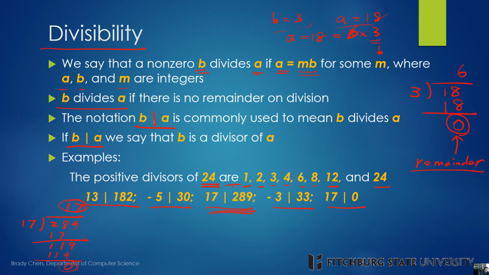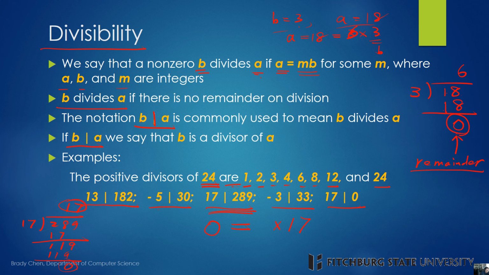And 17 divides 0. Now, 0 is a very special number. Why does 17 divide 0? We can check from the definition. If we say B divides A, then we can write A equals M times B. So if we want to say 17 divides 0, we need to write 0 as 17 times some number.